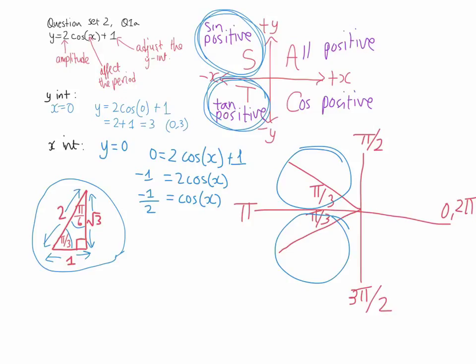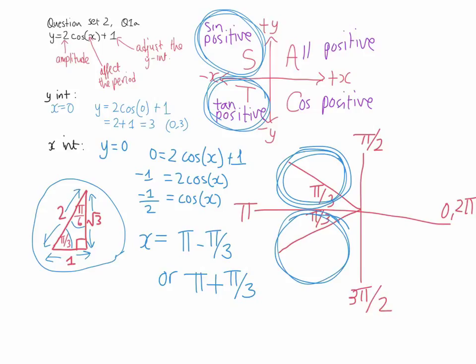So this means that x could have one of two values. It could be pi minus pi on 3, which is from this one here, or it could be pi plus pi on 3 from this quadrant here.